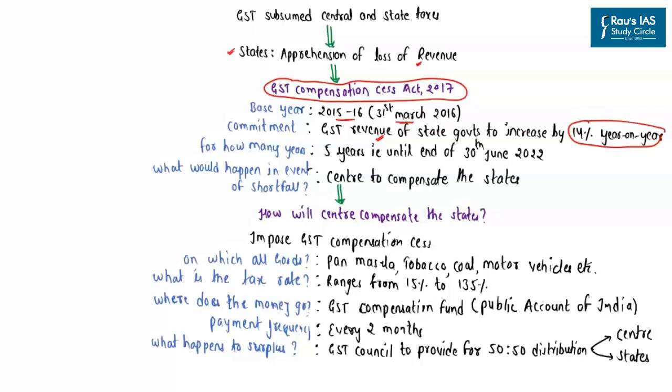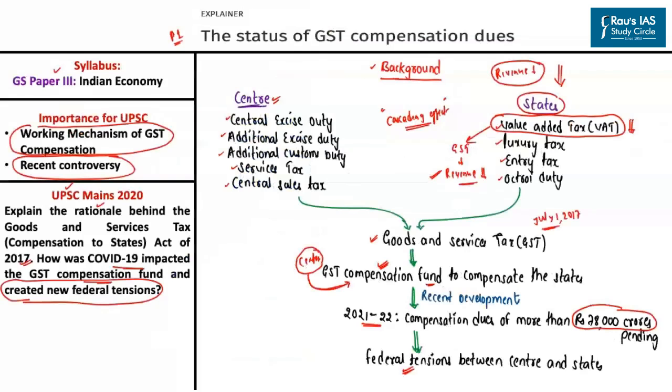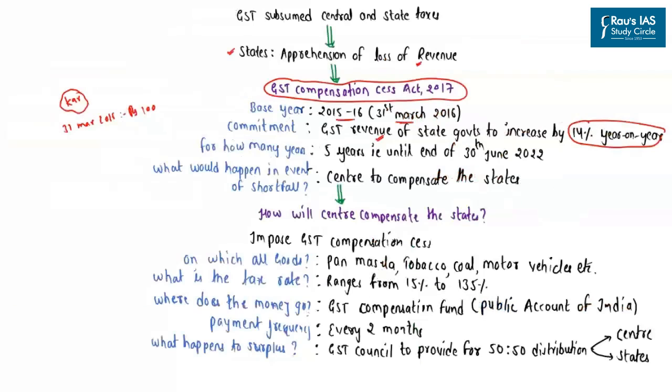Now let's try to simplify these two aspects. Let's say I take the state of Karnataka, and as on 31st of March 2016, the overall revenue earned by Karnataka from the taxes which have now become part of GST is, let's say, rupees 100. So from all of these taxes which have become part of GST, the government of Karnataka as on 31st of March 2016 has earned rupees 100.